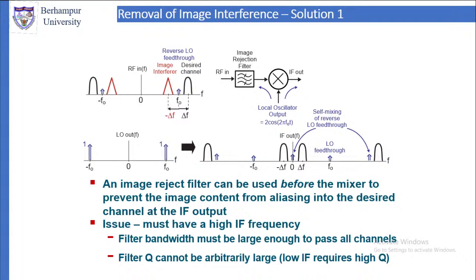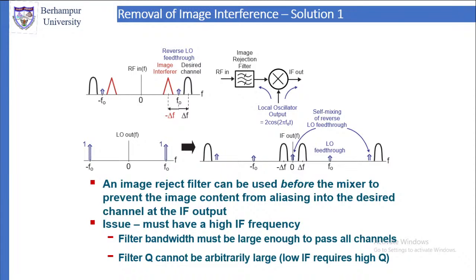That filter will be a bandpass filter. What we will do is remove the band in which the image is there. That band will be removed, and only the desired channel will pass through. Whatever is before the image, those parts will be removed using an image rejection filter. This is one solution.